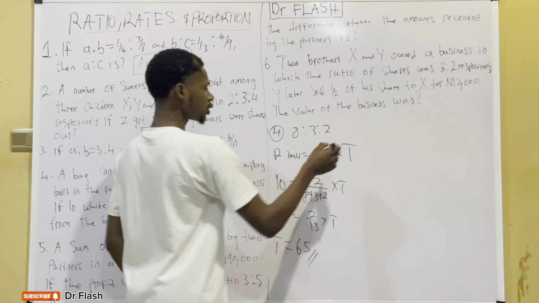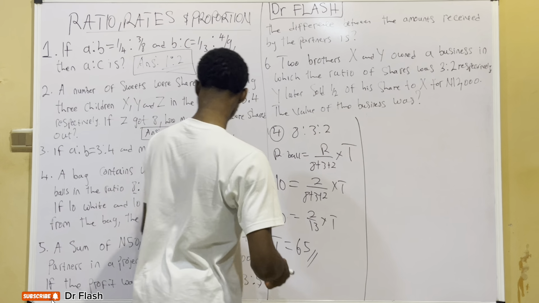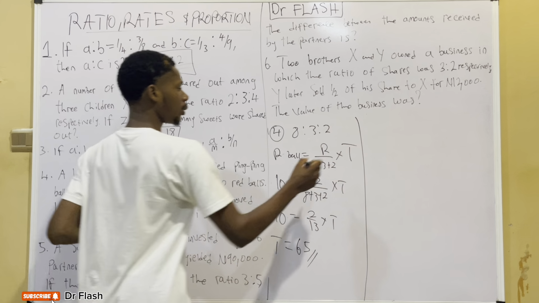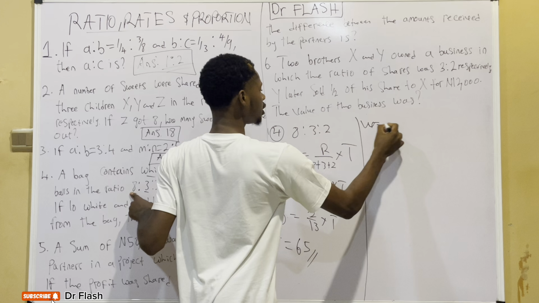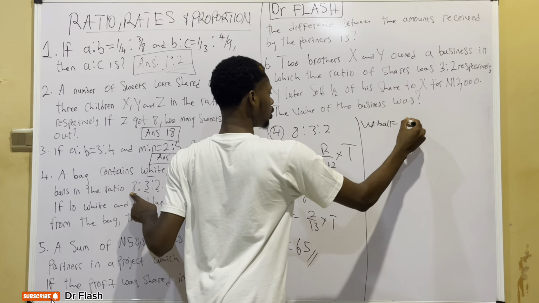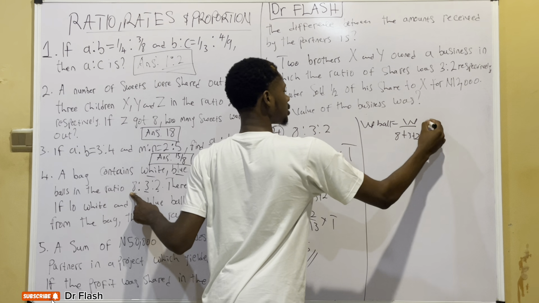Okay, so let's solve for the number of red balls. The number of red balls was already given as 10. What will be the number of white balls? Let's start with 8. The number of white balls will be equal to white divided by 8 plus 3 plus 2 times the total.